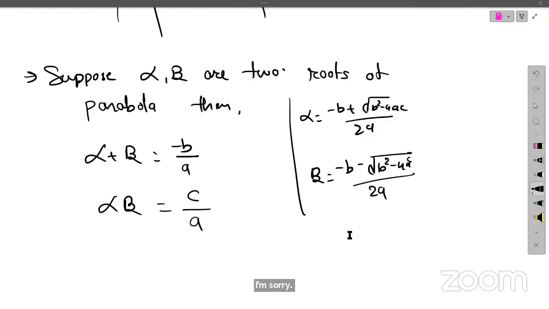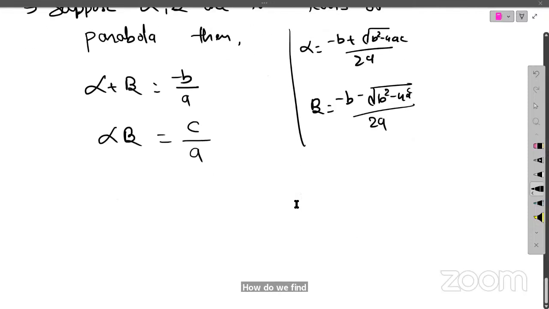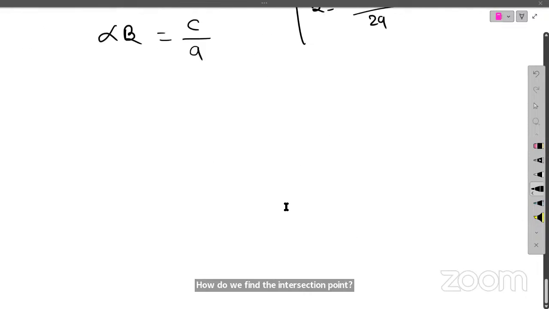Yeah, Purva? Yes, ma'am. I had this doubt. In one question of the activity, there was a question based on parabolas intersecting. They told us to find the value where it intersects. How do we find the intersection point? Intersection point of what? Line and parabola?